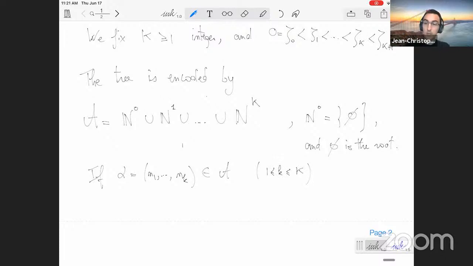If I take an element in this set, if it has length little k, then it is at depth k, and its parent is the element n1 up to n_{k-1}. Okay, so I see that Luigi is pointing out that it has appeared already in Kavita's lectures.